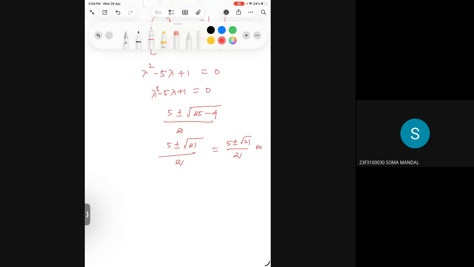These are the poles. Since you don't have any negative signs here, is your pole stable or unstable? Can you type it in the chat box? Are the poles of the system stable or unstable? Unstable. Everybody, please type it.